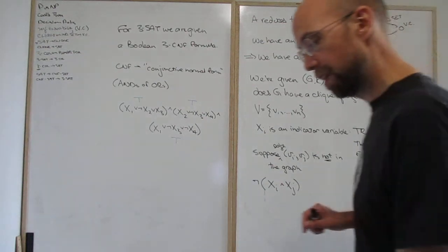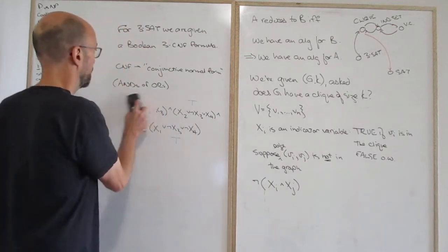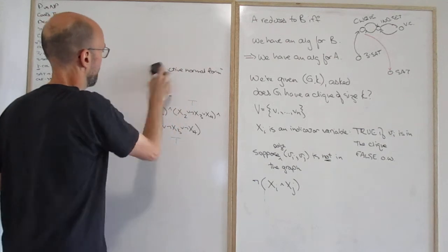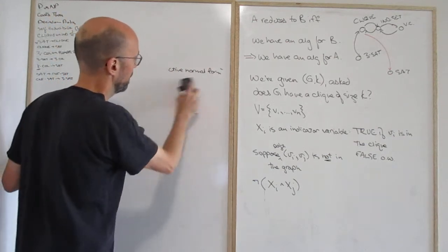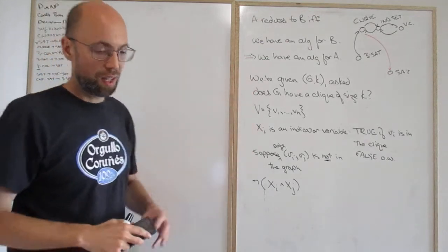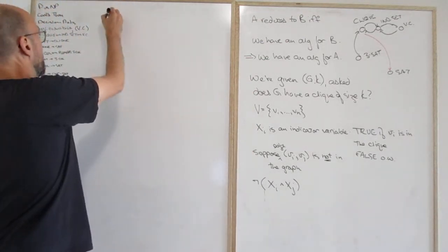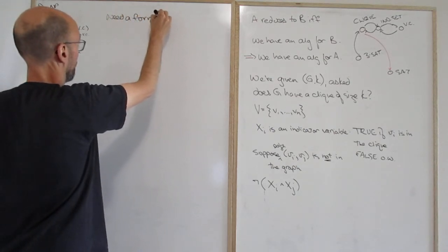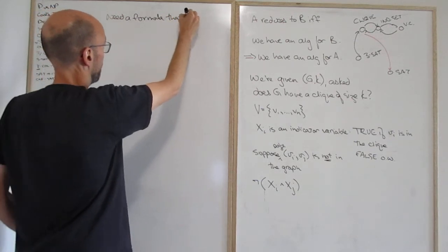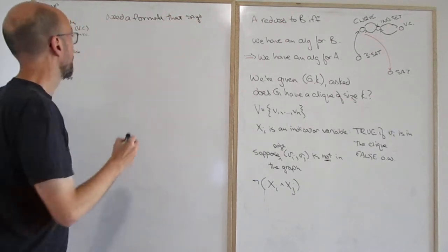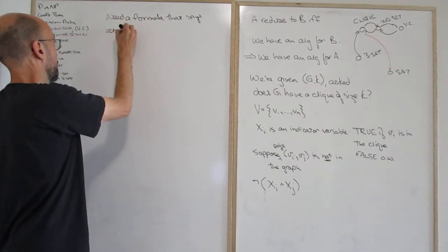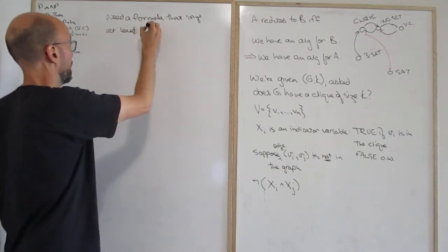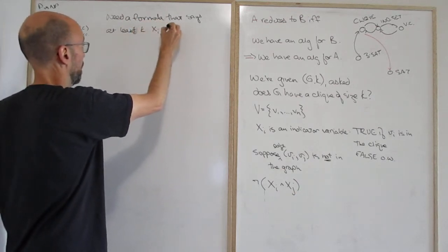Okay, so what we're going to do, we want to write a formula that says at least k xi's are true.